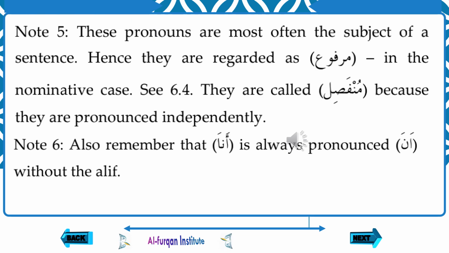So these pronouns are most often the subject of a sentence. So hence they are regarded as marfu'. They are in the nominative case. So you see the lesson 6 note 4. So they are called munfasila because they are pronounced independently. So note 6. Also remember that ana is always pronounced as ana without the alif.